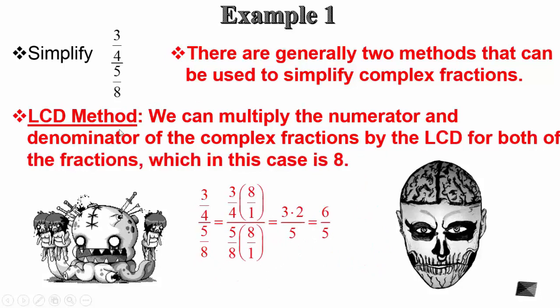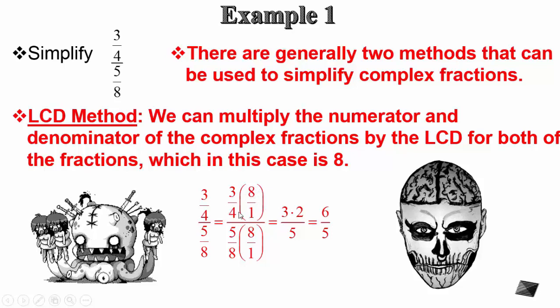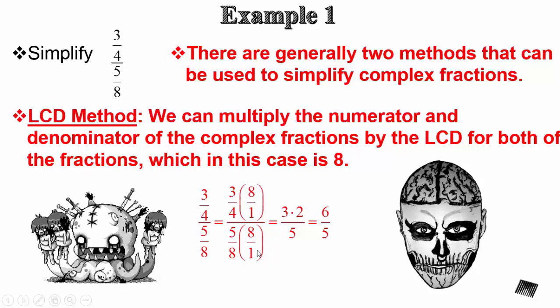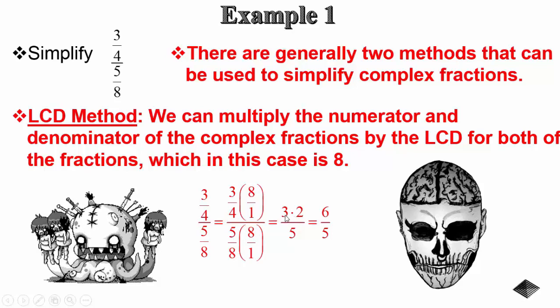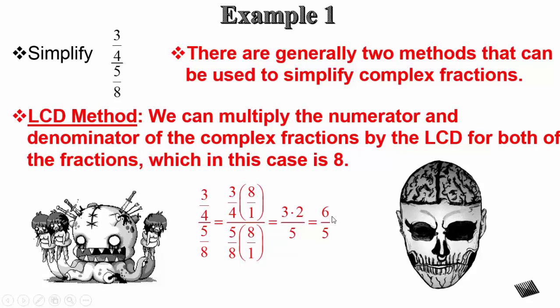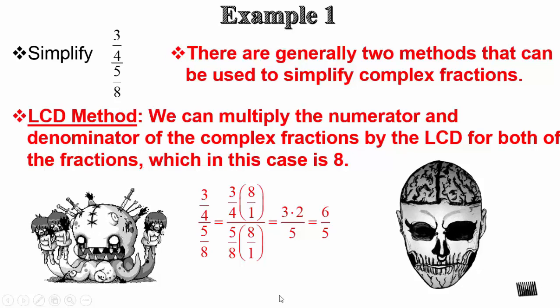And here I take 8 over 1 on both the top and the bottom. And I notice that 4 goes into 8 2 times, and 8 cancels out 8, so we are just left with 5. And that leaves us with 3 times 2 over 5, and 3 times 2 is 6. So our final answer is 6 over 5 using the lowest common denominator method.